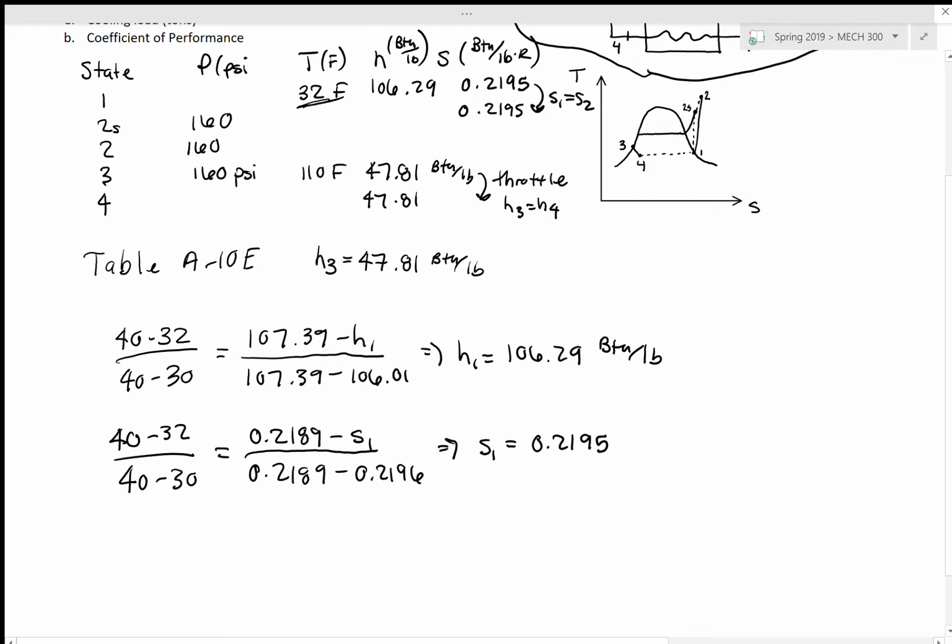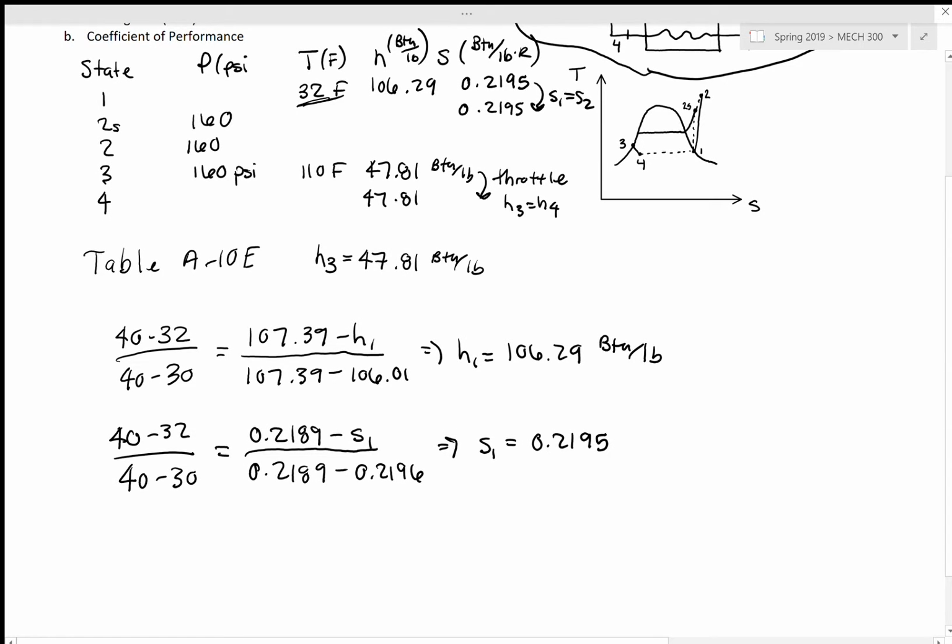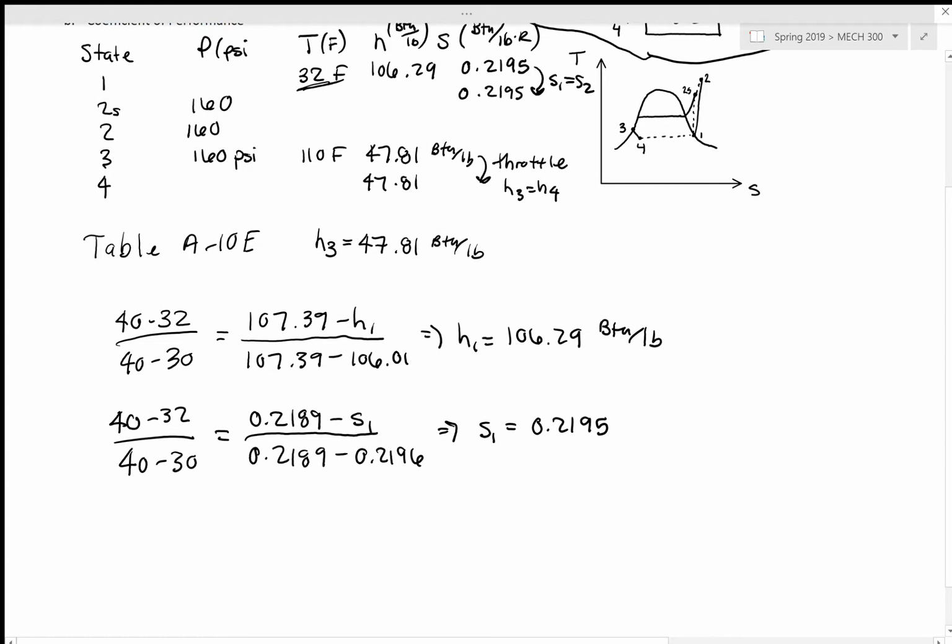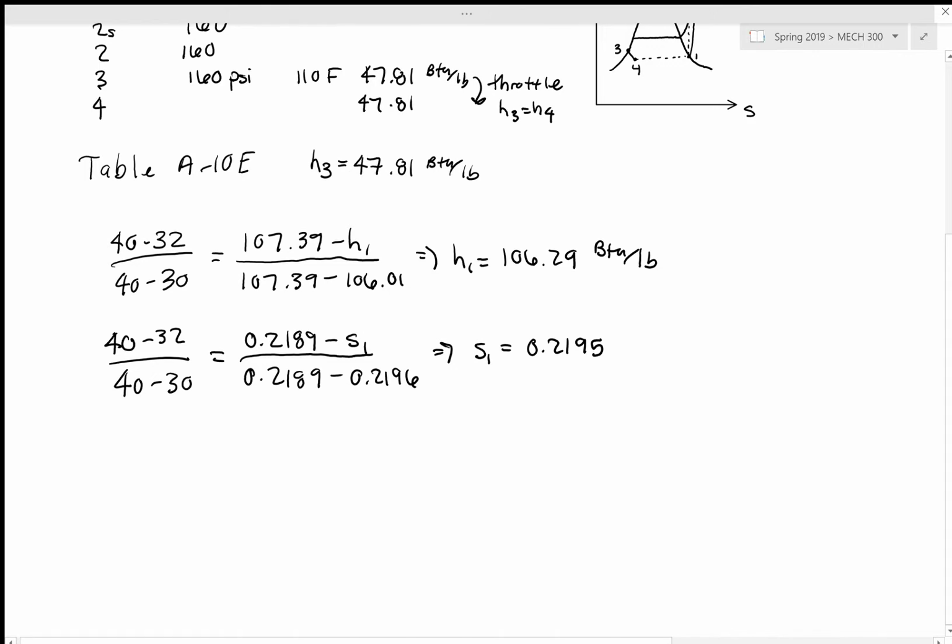So to get our enthalpy value at state 2S, we're going to have to go to table A12E, which is a superheat table, and we're going to need to look at 160 psi and then this 0.2195 BTU per pound Rankine entropy value, and we're going to interpolate for our H. And that is going to look like this.